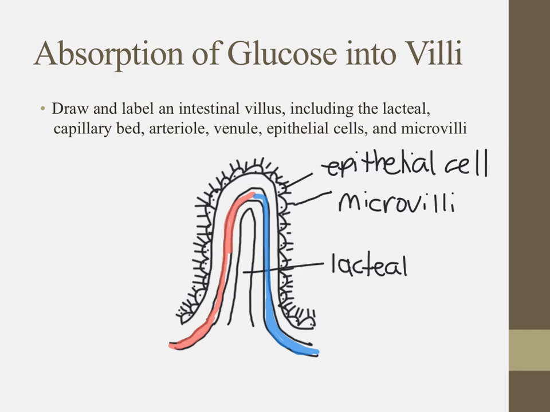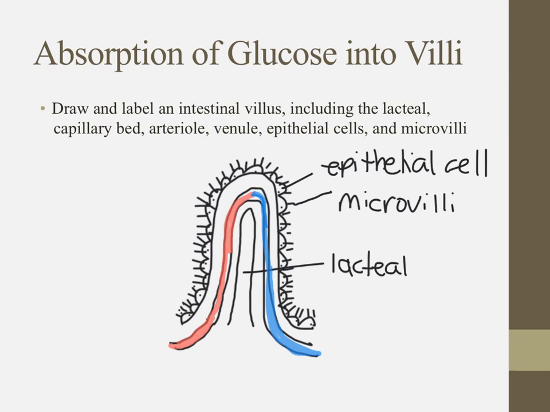But the good news is that now it has all of the nutrients that used to be in the food, and they are now in the bloodstream. So something like this.